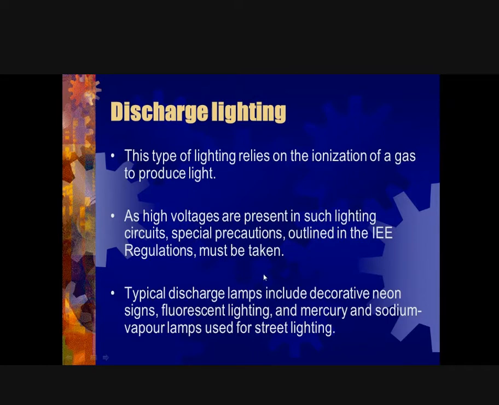In this type of lamp, because of the nature of discharge lighting, high voltages are present due to the ballast, right? An IEE regulation states some precautions that we must follow when we introduce discharge lighting in our facilities, right?